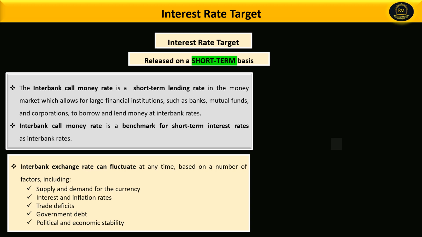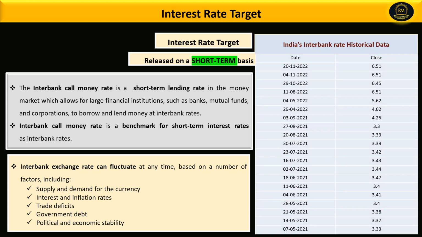So if you see the data on the Indian economy, this is India's interbank rate historical data from 2021 to November 2022. You can see how the rates are fluctuating.